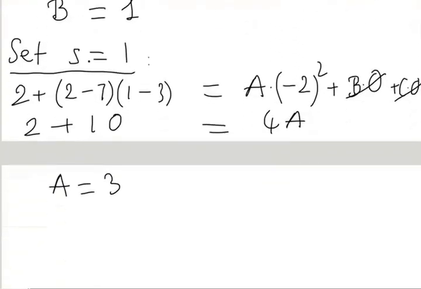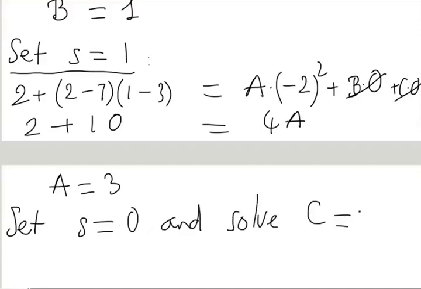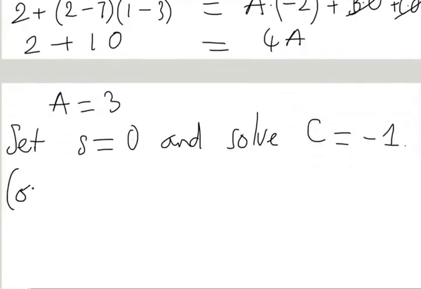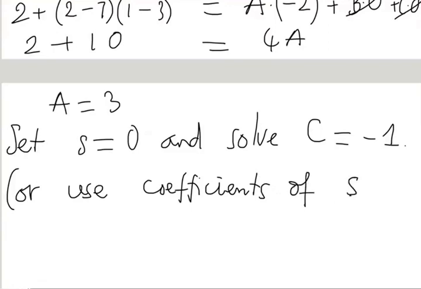But either way, we can use special values of s or combine with looking into the coefficients to solve for c. So over here, I'll try set s equal to 0 and solve. It turns out c is -1. Or use the coefficients of s squared.